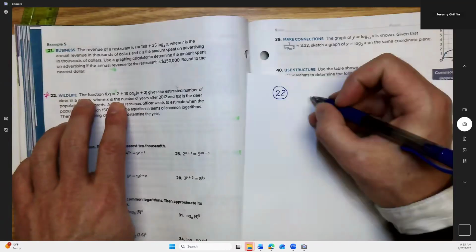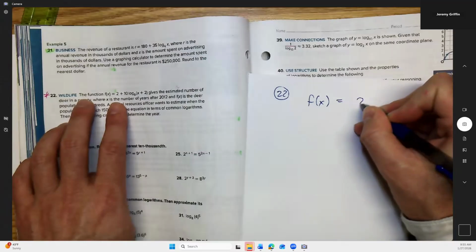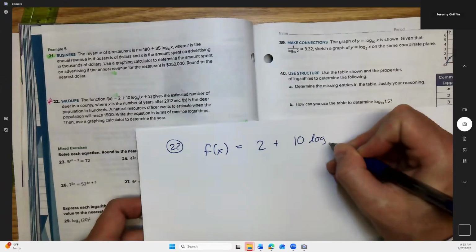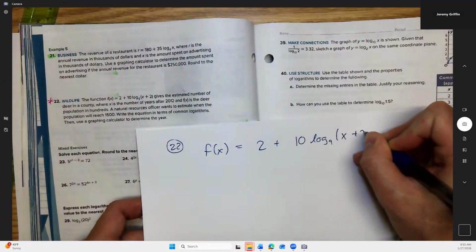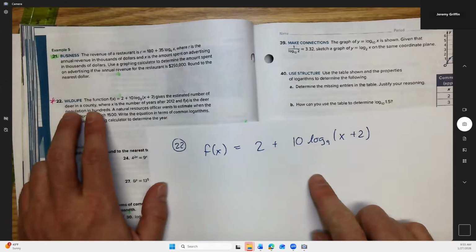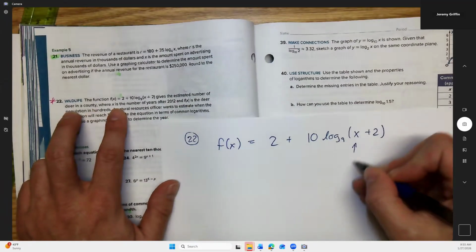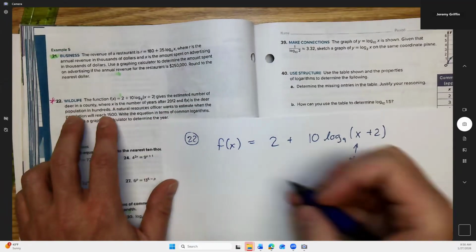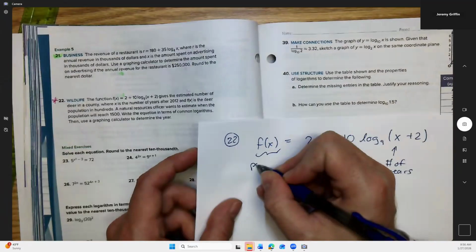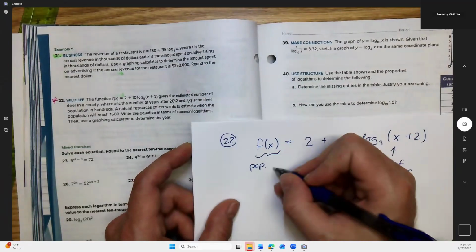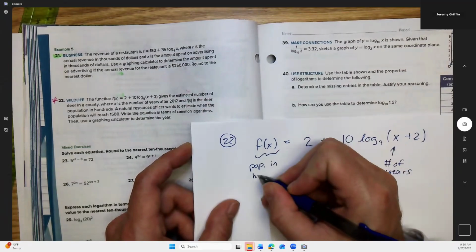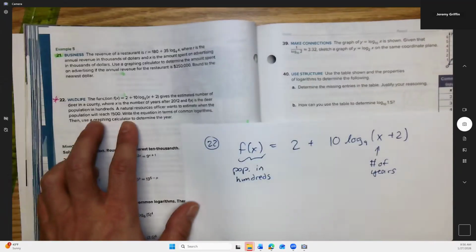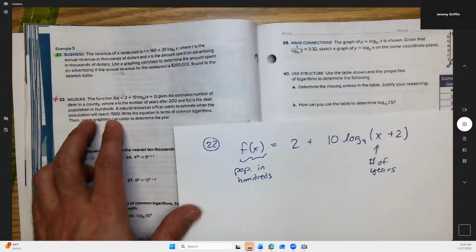The function f of x equals 2 plus 10 log base 9 of x plus 2 gives the estimated number of deer in a county where x is the number of years after 2012, and f of x is the population of the deer in hundreds. So I'll say population in hundreds.